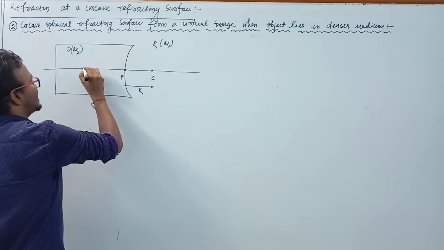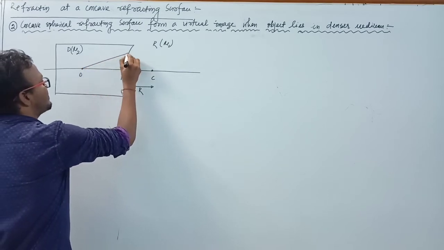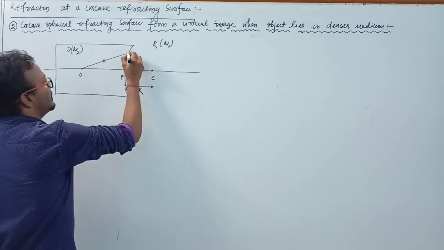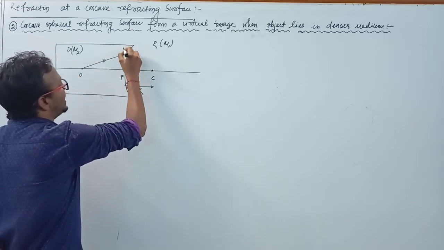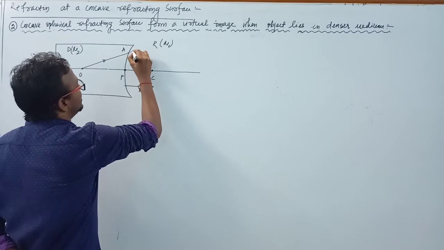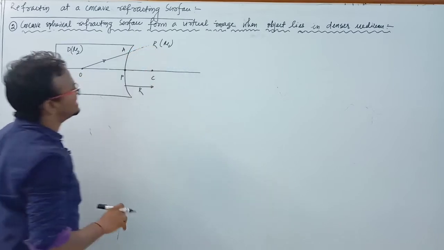Now the incident ray travels in this direction and strikes the interface separating the two media at point A, and this is the actual line of action of the incident ray.